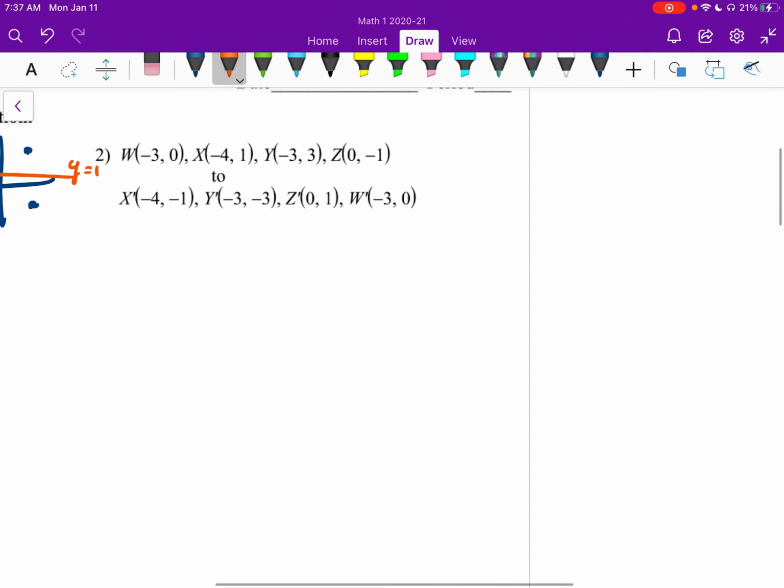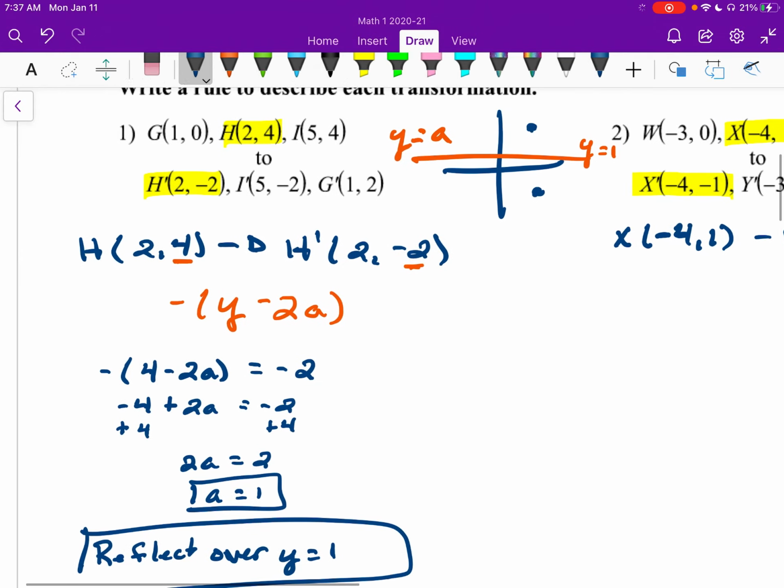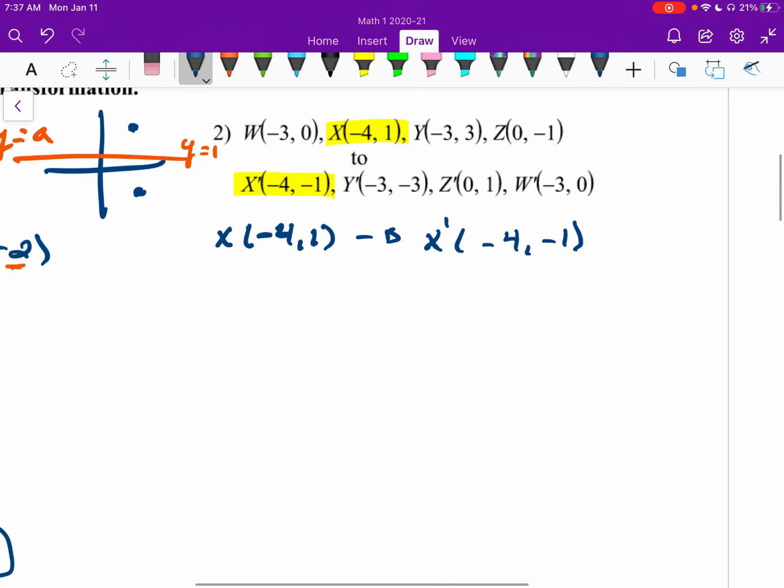Number 2, again, we don't need all these points. I'm just going to pick one. I'll pick my X. So I start off with X at (-4, 1), and I end up at X prime, (-4, -1). So we can see, just like last time, it's the y value that changed, right?